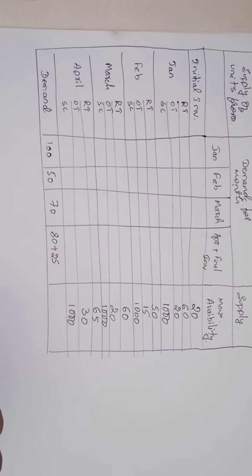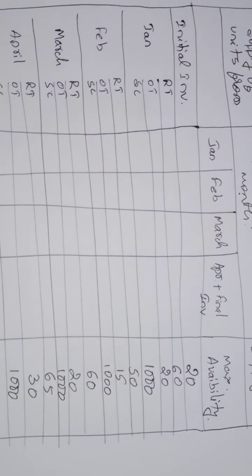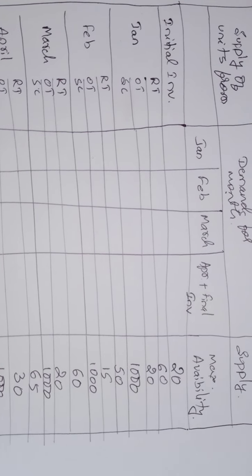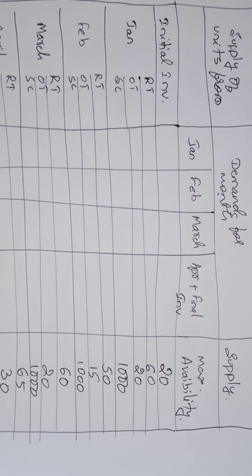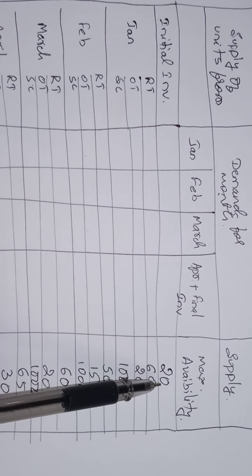Now we have to add the other given data. So here initial inventory they have given, right, 20 will be there.